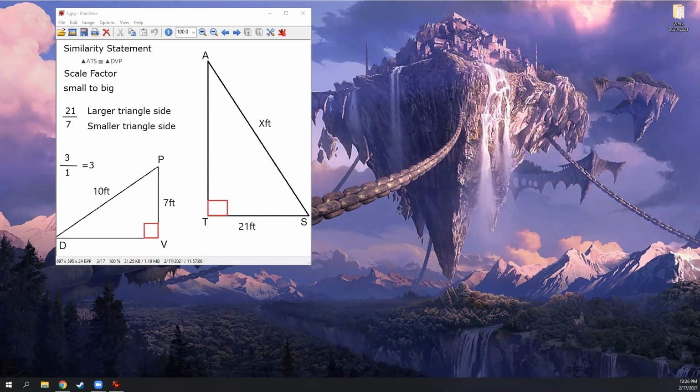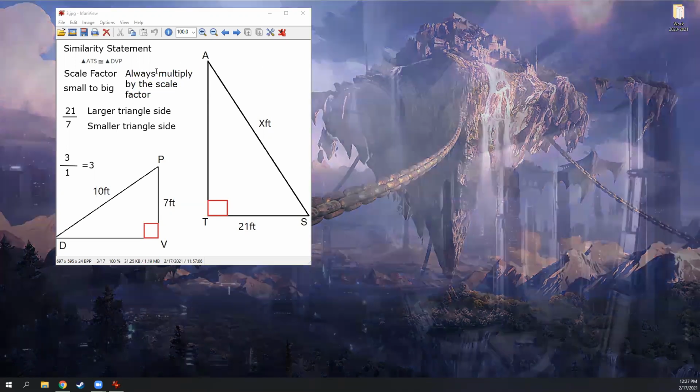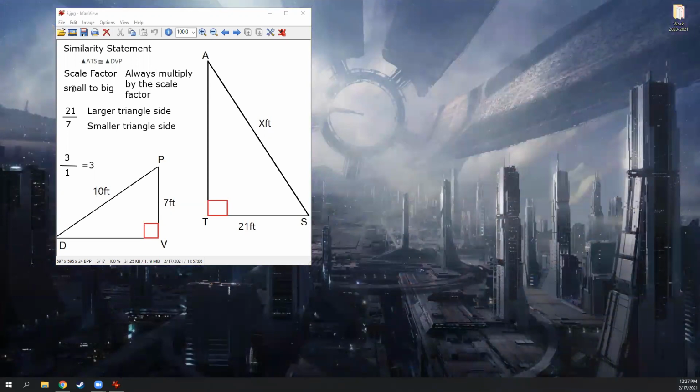Now, when it comes to the scale factor, you will always multiply by it. Once you have it, you use it to multiply. Our scale factor is from small to big.